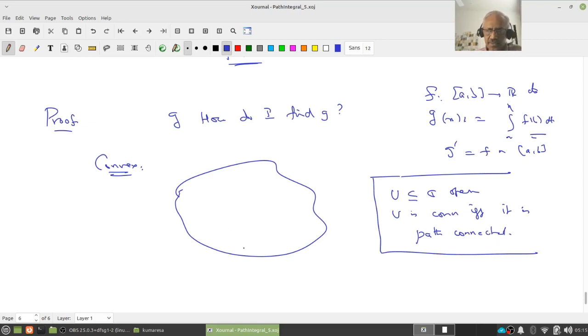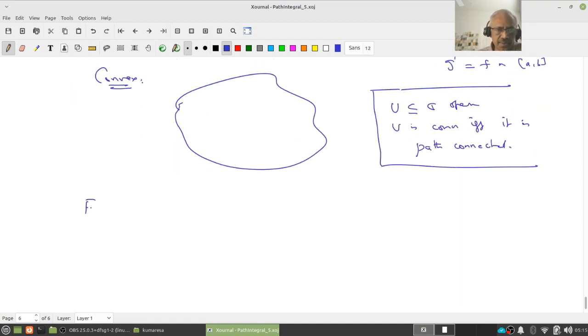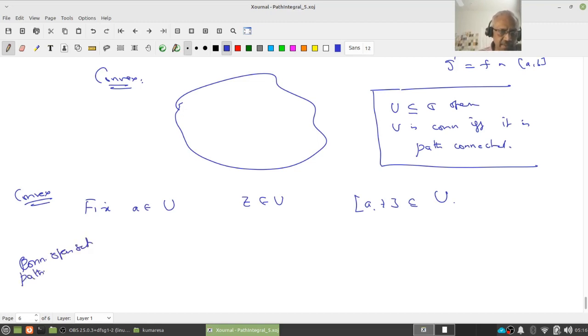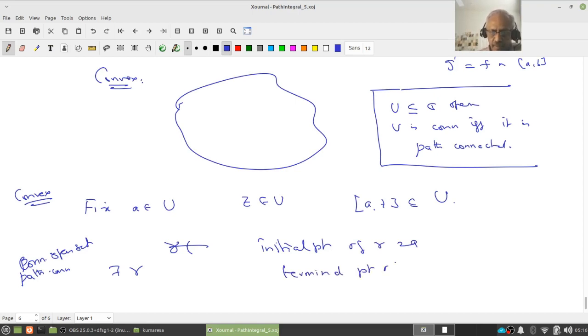If it is convex, fix a point A in U and take Z in U, then the line segment from A to Z will be contained in U. If it is only a path connected open set, there is a path gamma such that the initial point of gamma is A and the terminal point of gamma is Z. So something like, I have A, this may be Z, this may be my gamma.